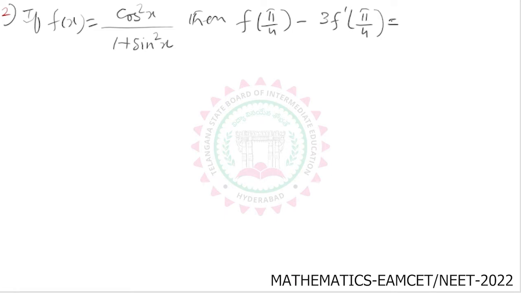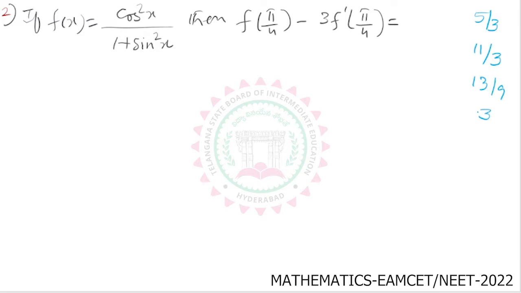The options are 5 by 3, 11 by 3, 13 by 9, and the fourth option is 3.